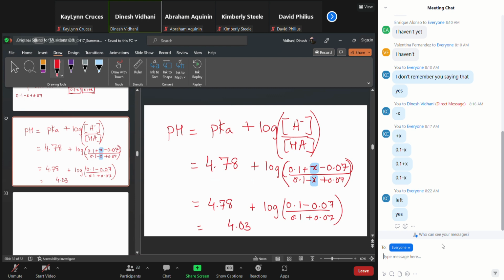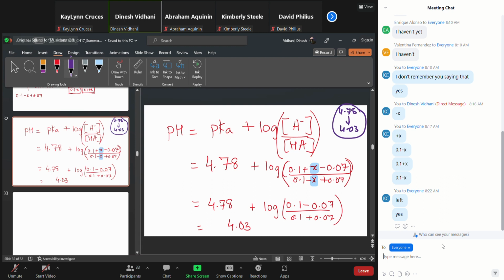Now, in terms of observation, you are adding acid into the buffer solution and your pH went from 4.78 to 4.03. That was not a big difference. It was a very, very tiny change, right?